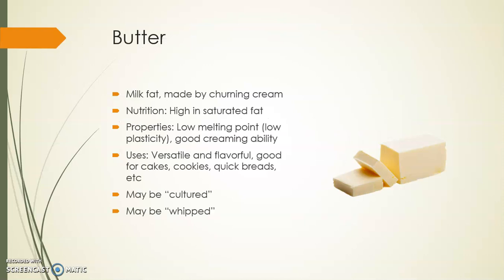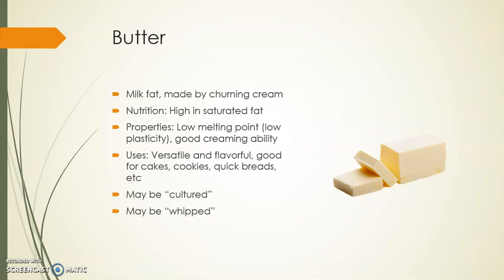First is butter. Butter is milk fat and it's produced by churning cream. As far as nutrition goes, it is high in saturated fat, and that means that it is solid at room temperature. However, you'll see on here that I said it has a low melting point. That is in comparison to shortening or lard. Butter melts at a much lower temperature than shortening, and that means that it is not as plastic.